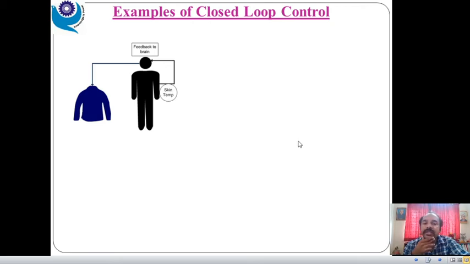So in this image, there is one person and here is a sweater. If the body temperature of that person increases, what will happen? He wants that sweater, isn't it?